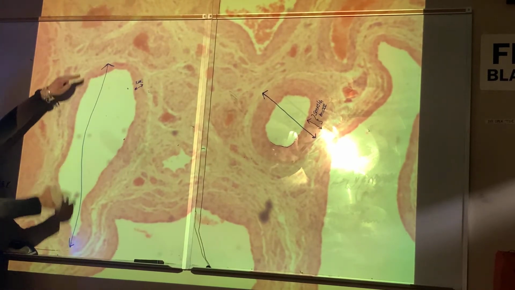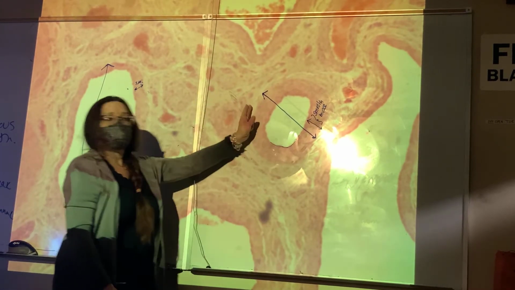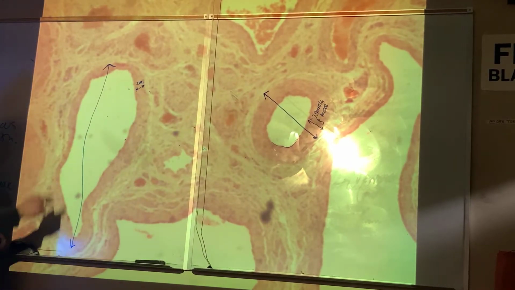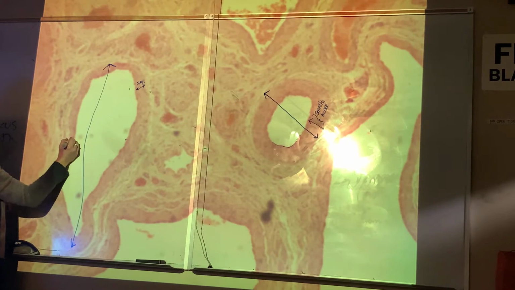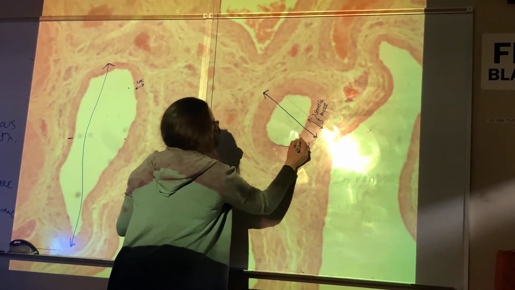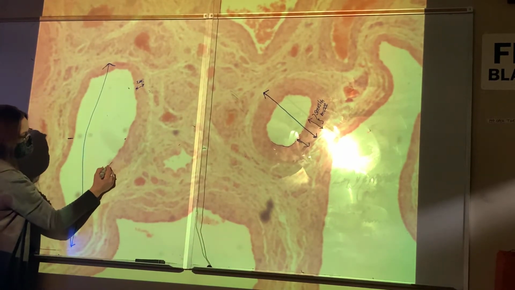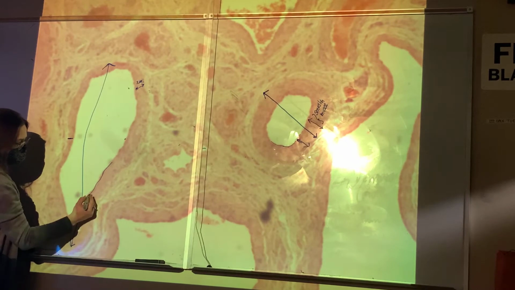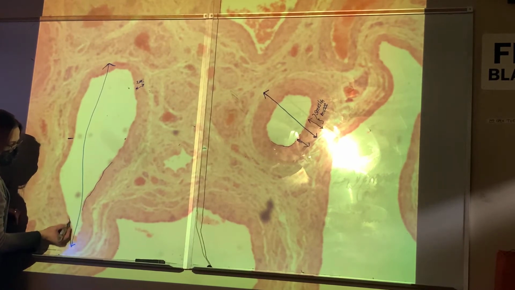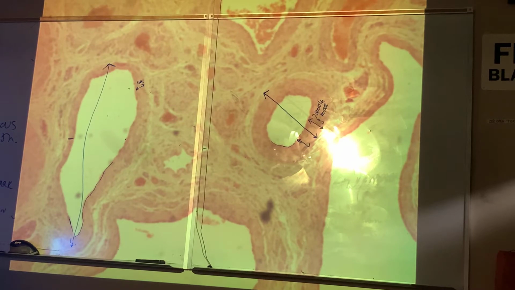So the overall diameter of a vein is going to be bigger than that of an artery, but the amount of smooth muscle in the wall of a vein is less than in an artery. Again, if you look in here, this is also simple squamous epithelium. Even though you can't see the individual cells, you can tell it's a very thin layer of cells. It's just not staining very dark because there's not a lot of thickness to the cells.